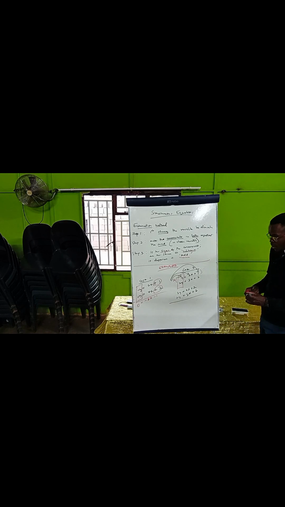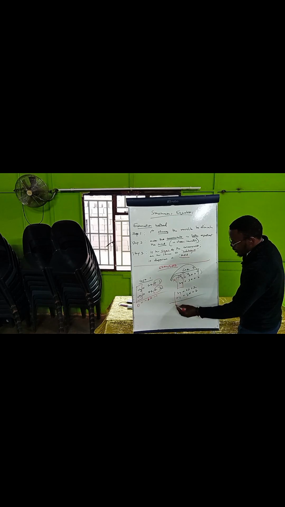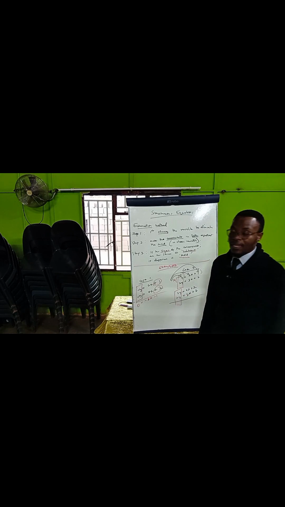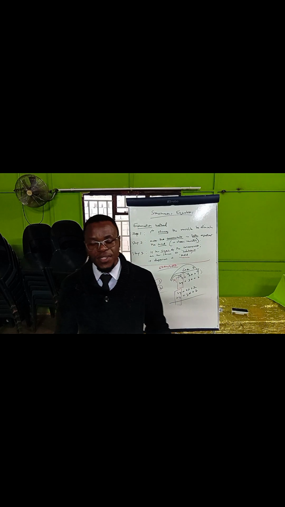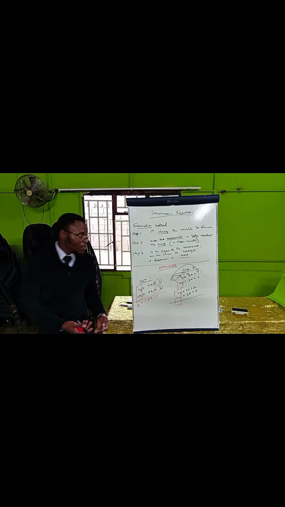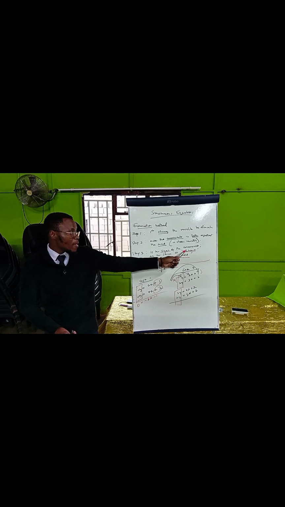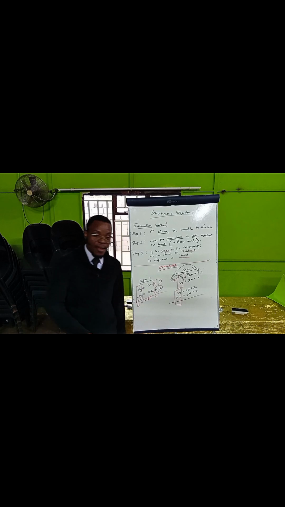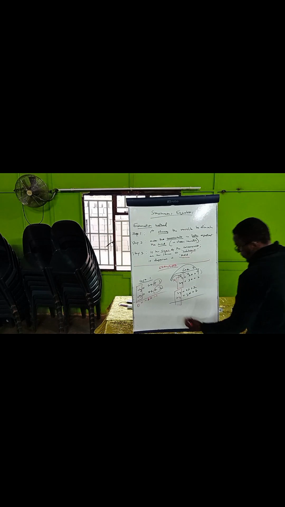And then since we want to eliminate y, the next step is, are the signs of the coefficient that we've chosen the same? If they are the same, we subtract. If they are different, we add. So in this case, they are the same, so we subtract.